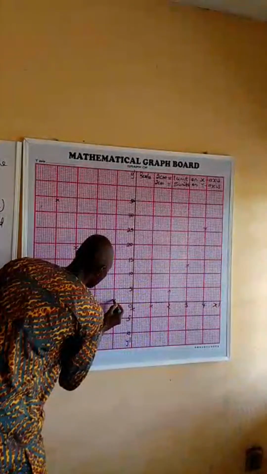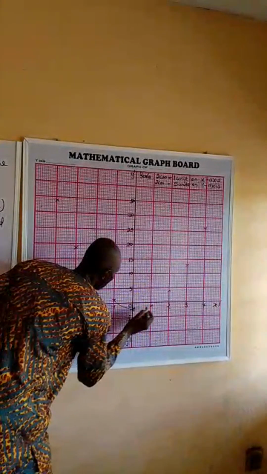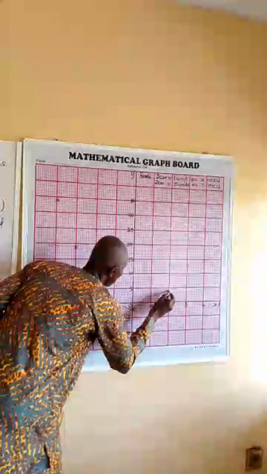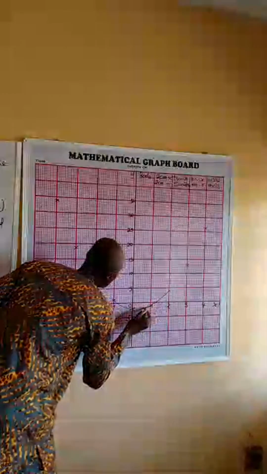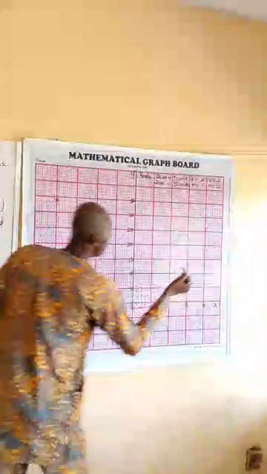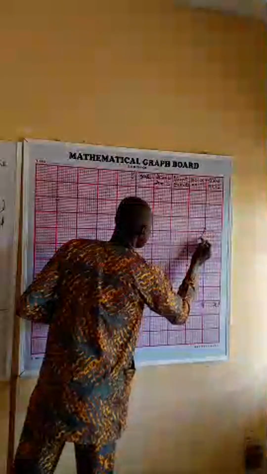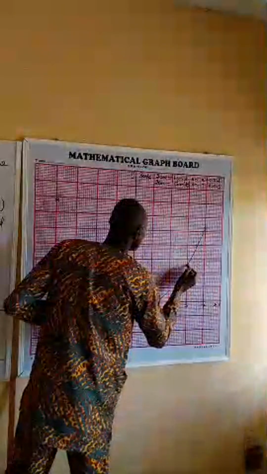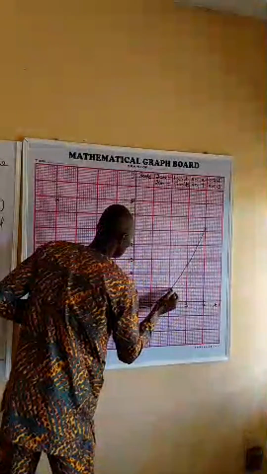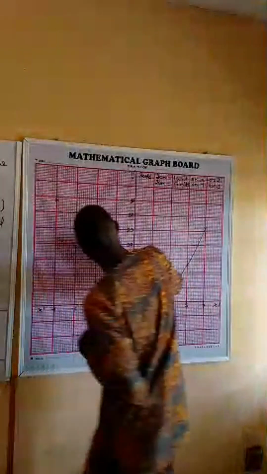And what I do, I will draw from here to here. I will take it down. Gradually, I am going. Take it from here, joining the points.